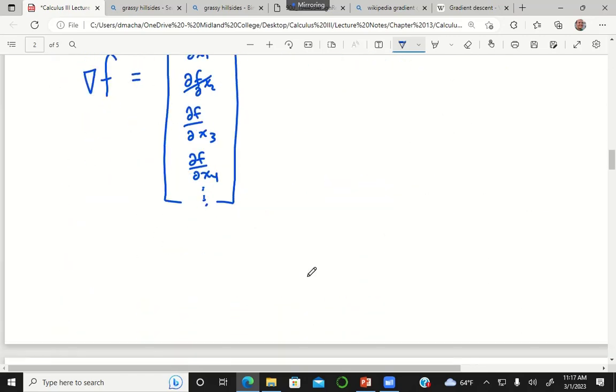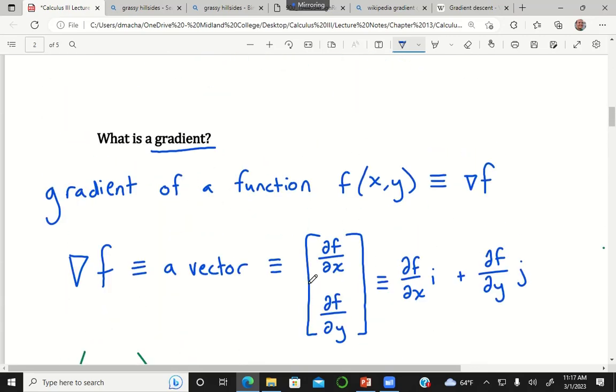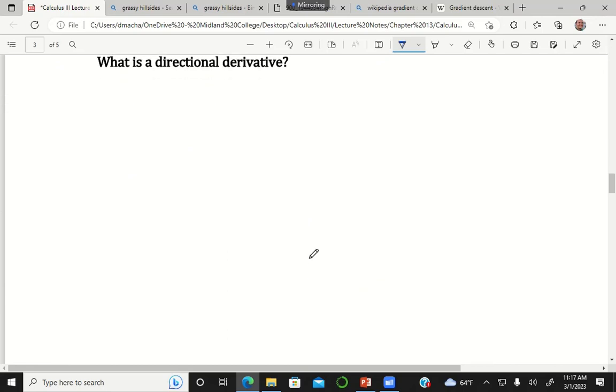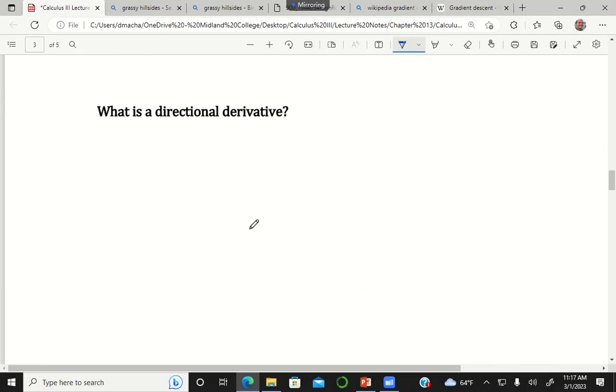So, okay, that's what the gradient is. The next question is, what is a directional derivative? And a directional derivative is not a vector.